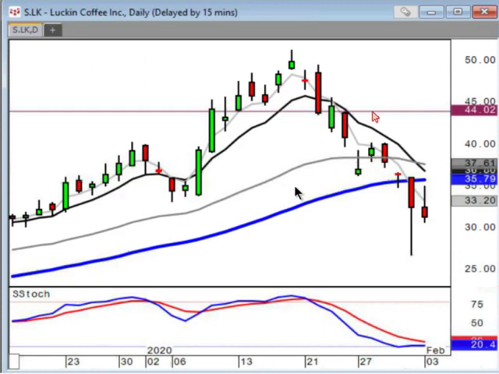Luckin, there's your left-right combo. It definitely told you to be out. Now, remember we kind of illustrated this scenario right here. You saw a positive day with stochastics heading down, but notice what type of signal that is. That's a non-signal. All that is an up move in a downtrend.